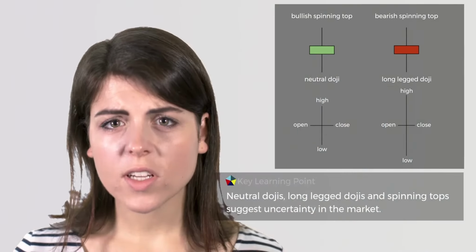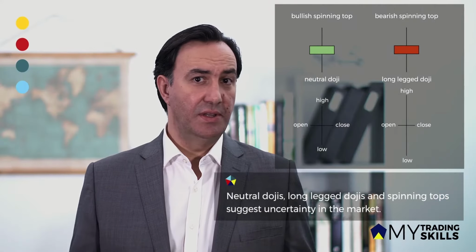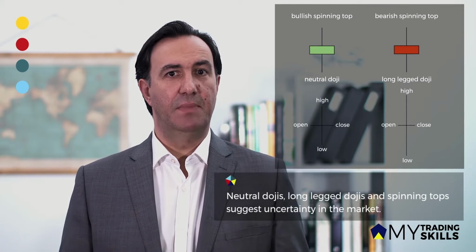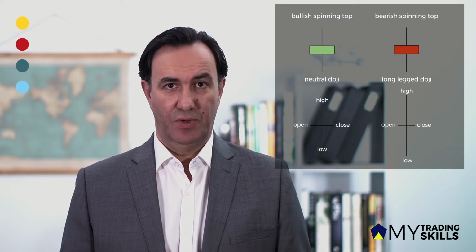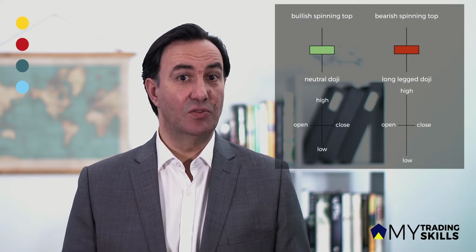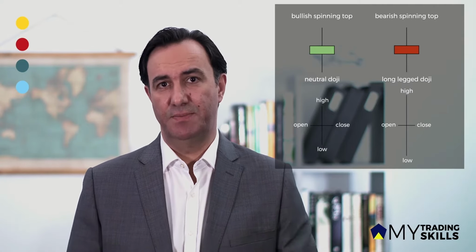So when we identify one of these patterns, does it mean that it's likely to reverse? Not necessarily. It just means that the market is uncertain. However, when I see one of these patterns starting to form, I do pay more attention to the price action in the next period.